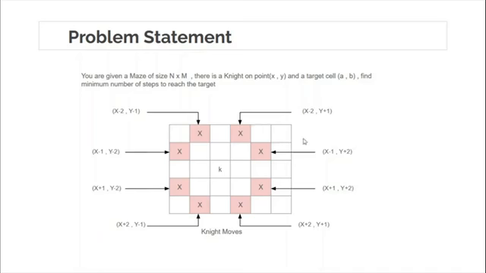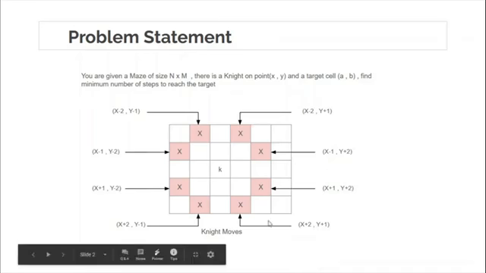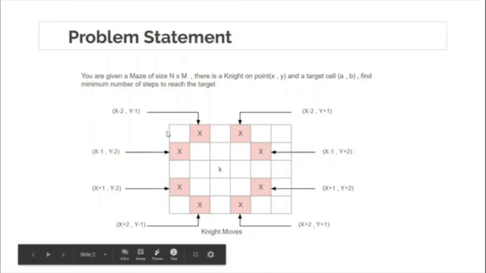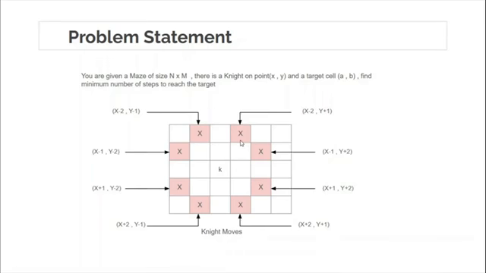As you all remember, this is simply a 2D grid. This is not a normal graph where x coordinate is this and y coordinate is this and so on. This is the x coordinate, or basically the row number, and this is the y coordinate, basically the column number. So if there is a knight in position x y, then this cell would have coordinates x minus 2 comma y plus 1.